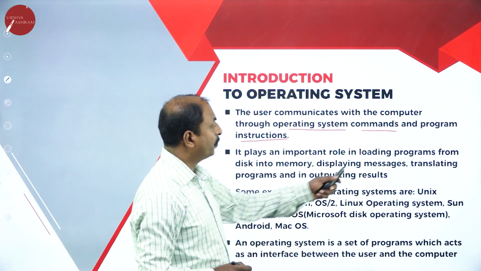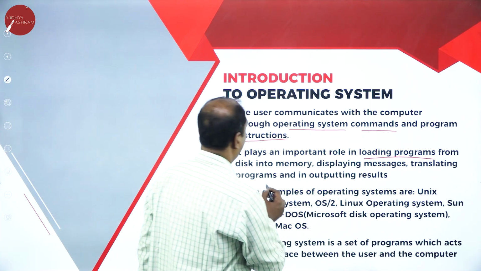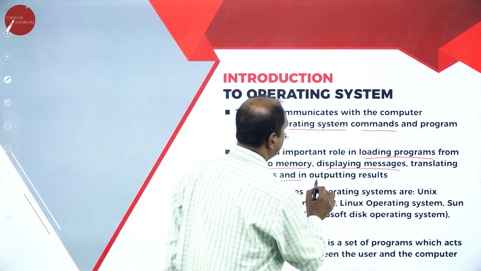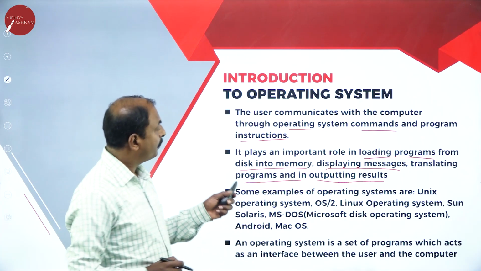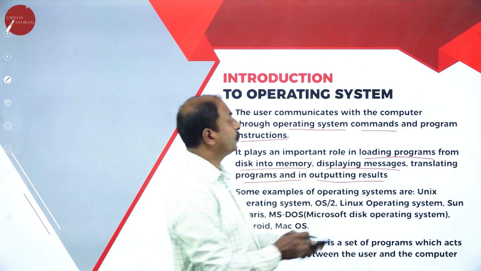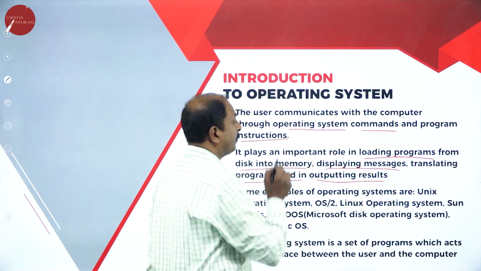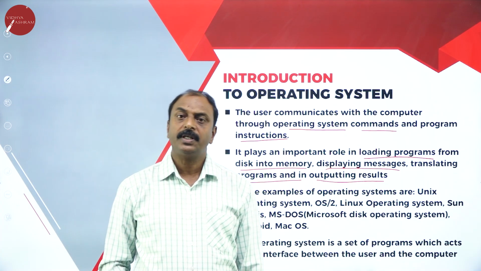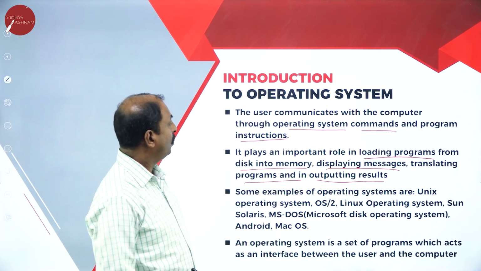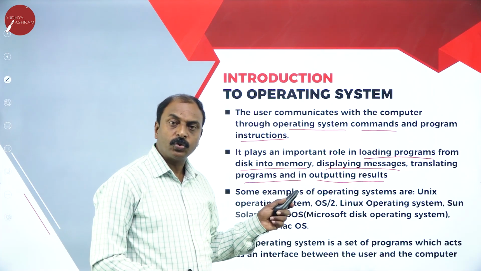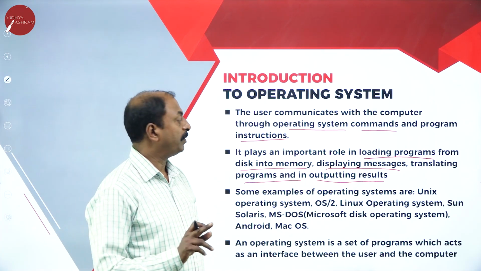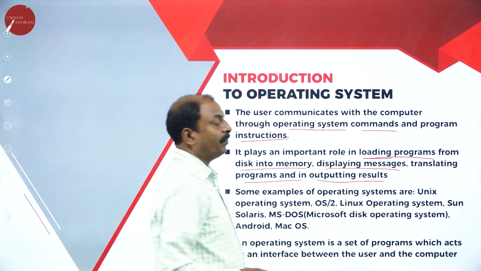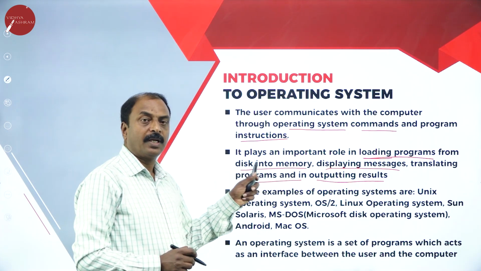It plays an important role in loading programs from disk into memory, displaying messages, translating programs, and outputting results. Generally, all the software we load is stored in the computer hard disk or memory, so the operating system helps us load the programs stored in memory like the hard disk, so that we can execute them.